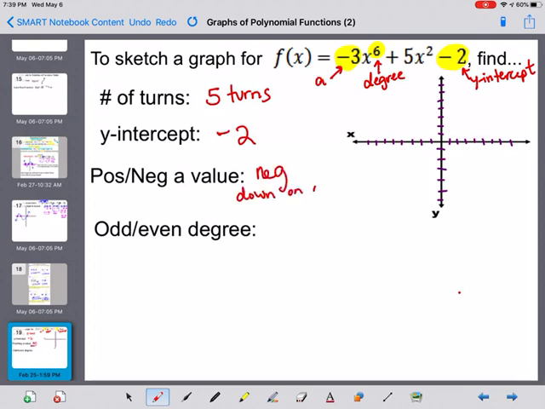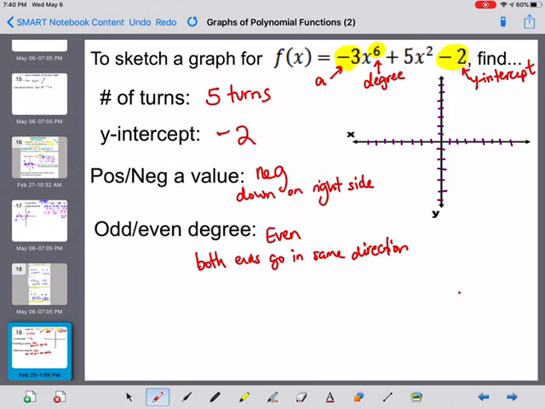That means that it goes down on the right side. And I said you didn't need to write this down. If you want to, you definitely can. It's not a bad thing to have this written down. Odd or even degree. The degree is 6, so that's an even number. An even number means that both ends go in the same direction.